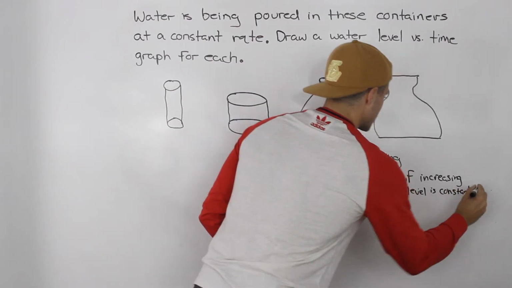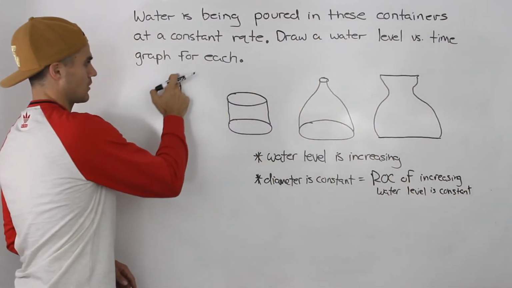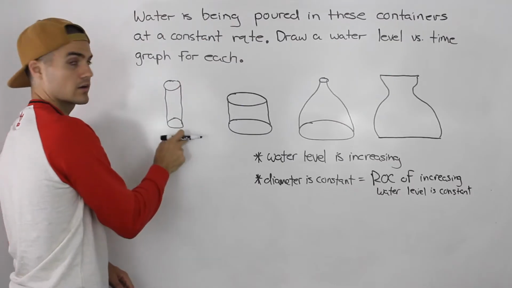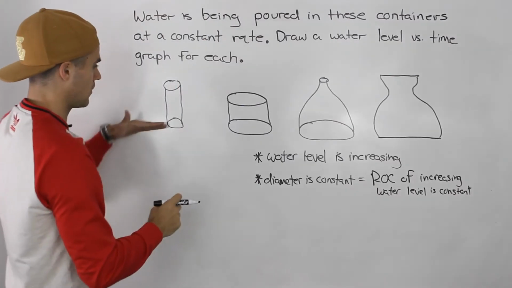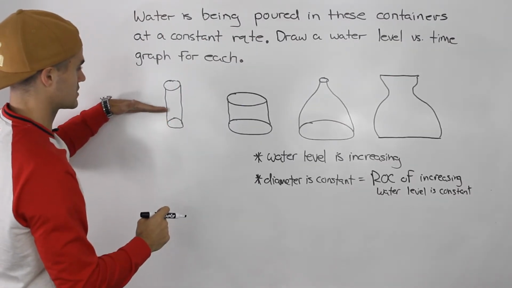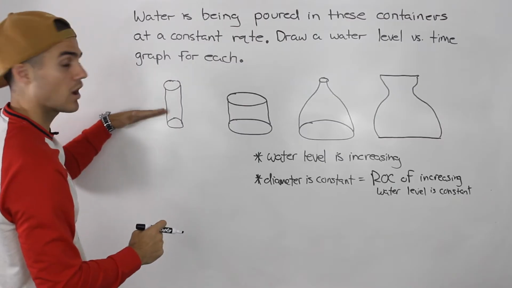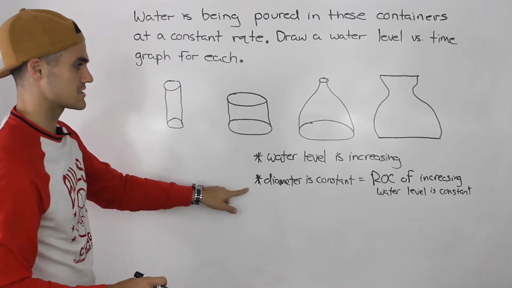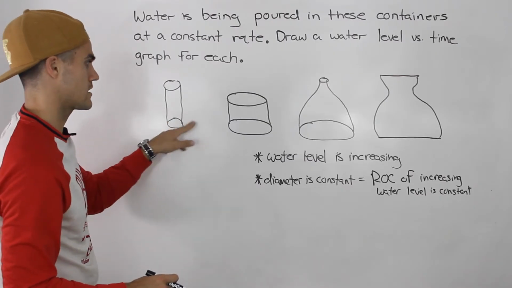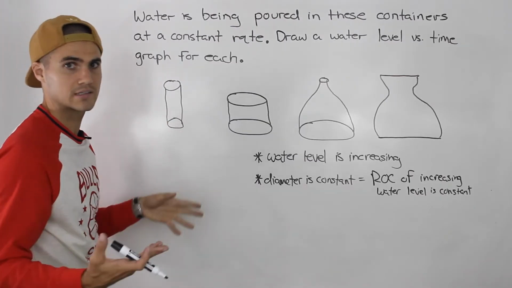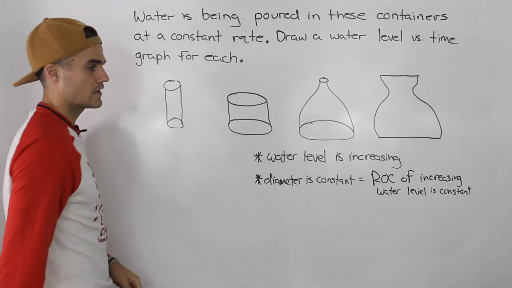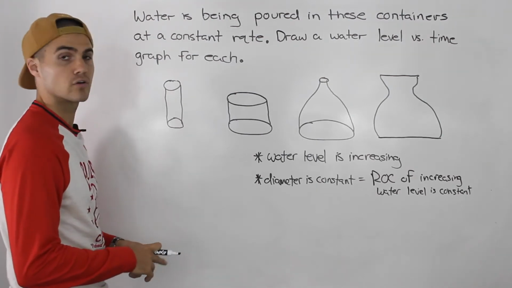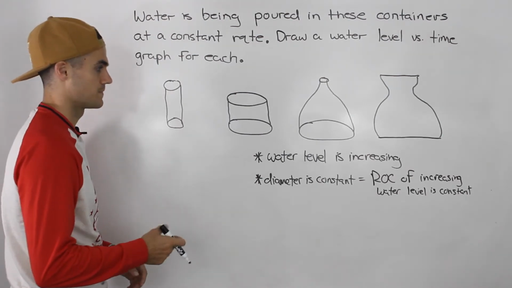And that makes sense because if the diameter is not changing and we are just pouring water into a container, the water level is going up at a constant rate. So if the diameter is constant at some point in the container, then the rate of change of increasing water level is constant as well.